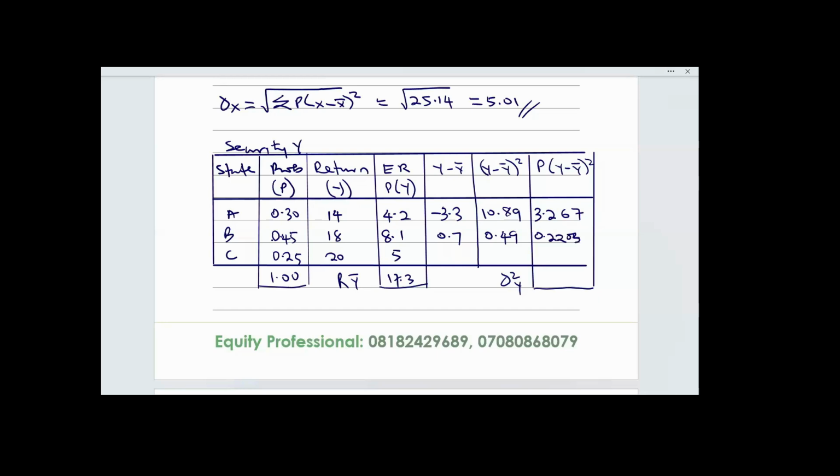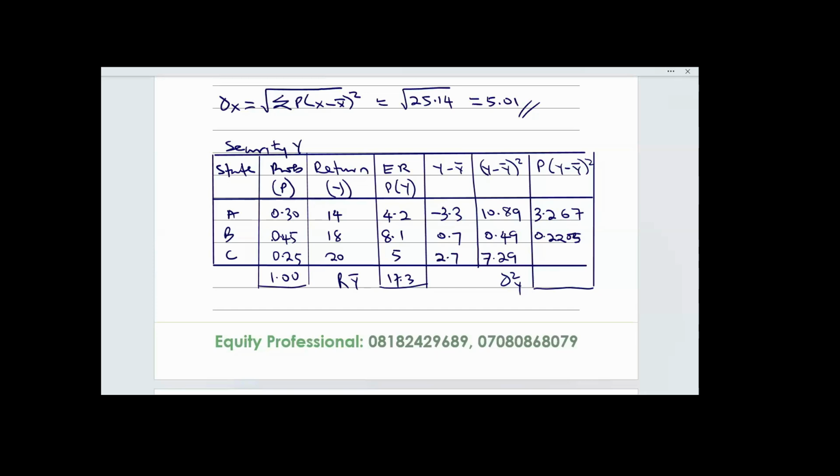The last one, 20 minus 17.3, 2.7. 2.7 square, 7.29, without rounding. Okay.